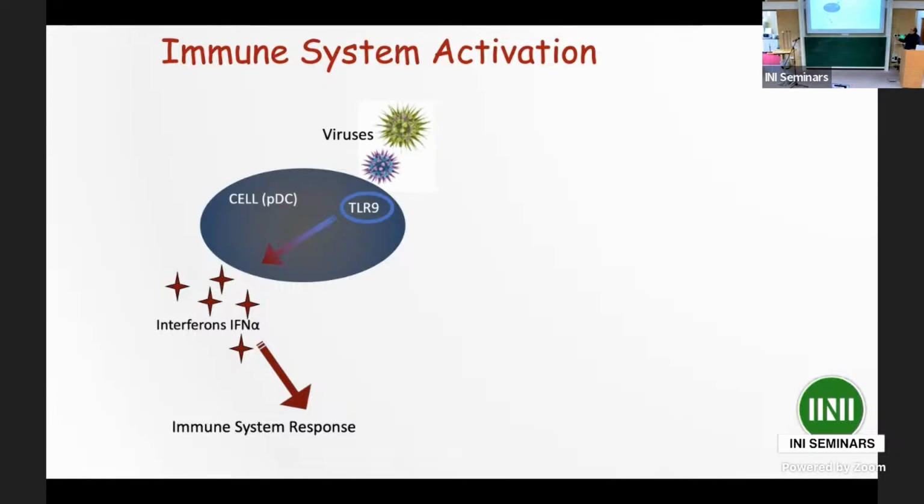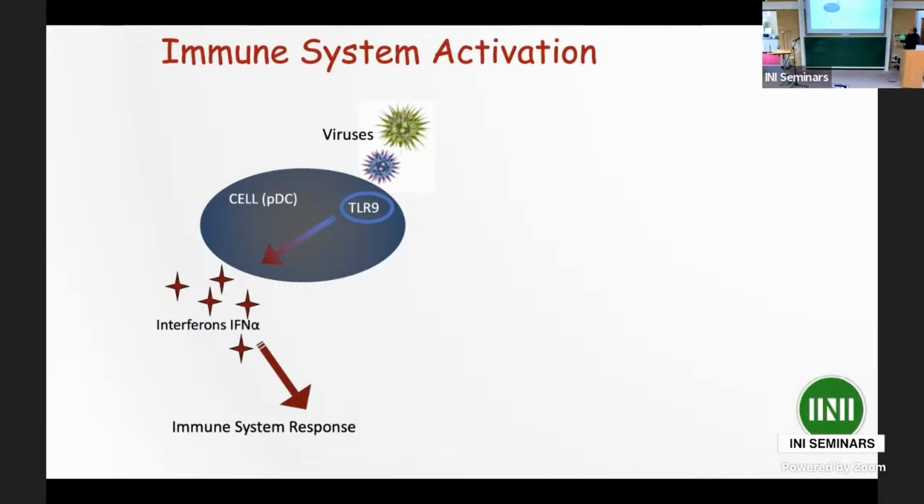So, for instance, a virus invades us, is internalized in the cell, then disintegrates, and this viral DNA is detected by the toll-like receptor. When this happens, the receptor is activated, and through some downstream reactions, it triggers the production of interferons alpha. These interferons alpha then go around the body, signaling different kinds of response to the other cells. This is called the antiviral immune response.